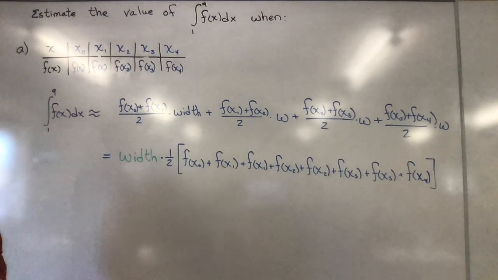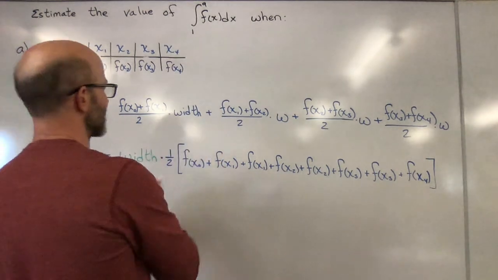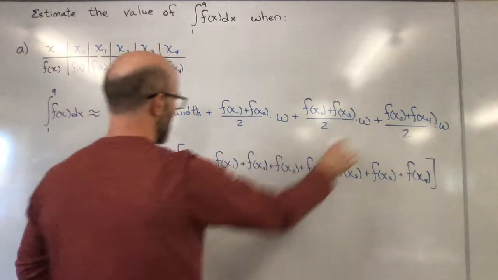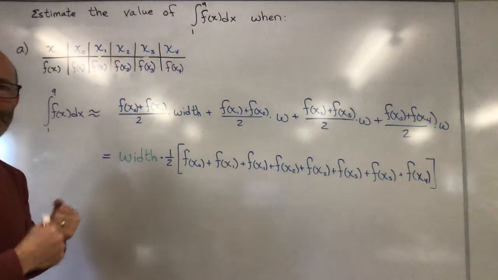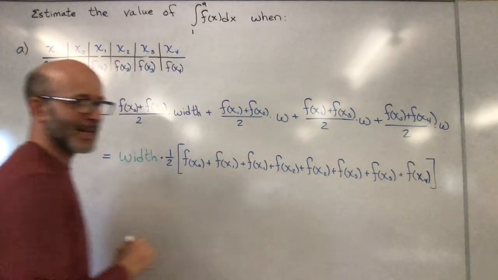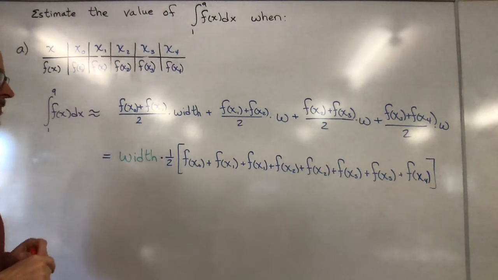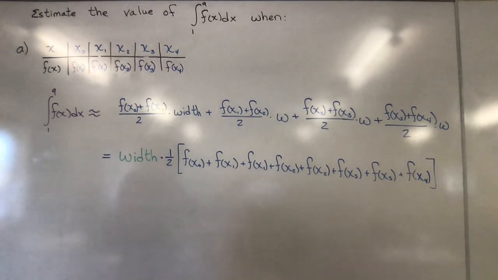So what they've done to simplify this just a little bit is they said, well, what does every single term here have in common? Every one of them is multiplied by the width. What if I just factored out the width or distributed that out? Every single one is divided by 2 when you're getting the average of those heights. Divide out a 1/2. And now think about what the width of any of these might be.